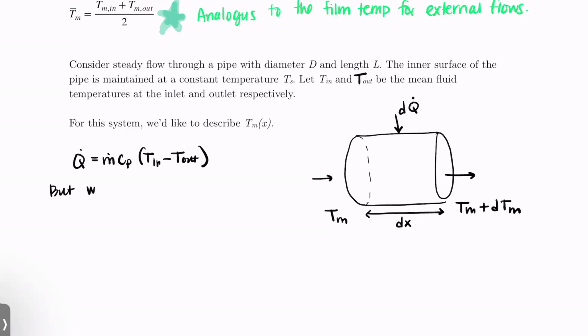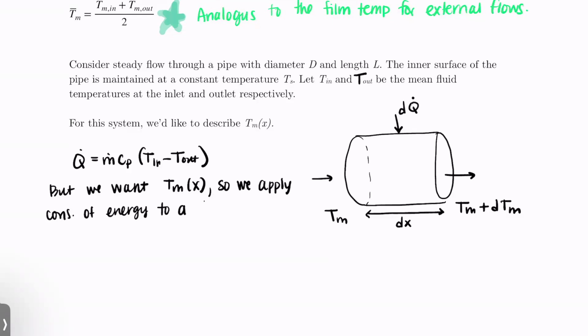But what we want to find is Tm as a function of x. So we're going to apply conservation of energy to a differential element in the system. And that's what I've just drawn to the right. That guy.